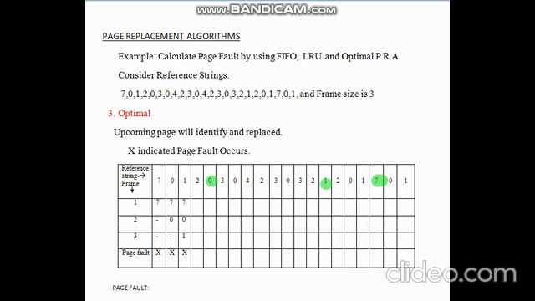So 7 is referred after 0 and 1, so 7 is replaced by 2. Now 0 overlaps on 0 because 0 is already present in main memory, so a page hit will occur.